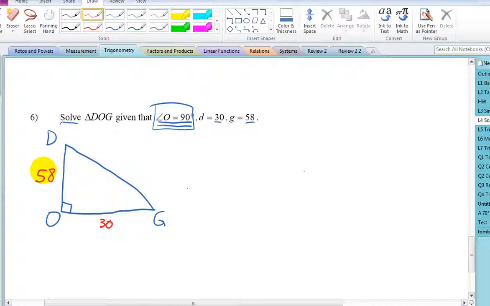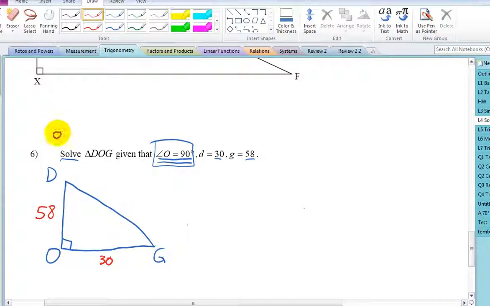Good. So this triangle is different. What are we given for this triangle? Two sides. So for this one, we're going to solve it differently. What's easy for us to do then is simply do Pythagoras for the third side.